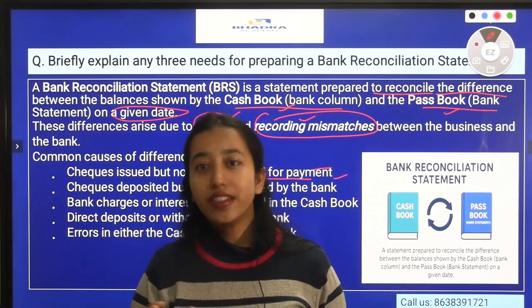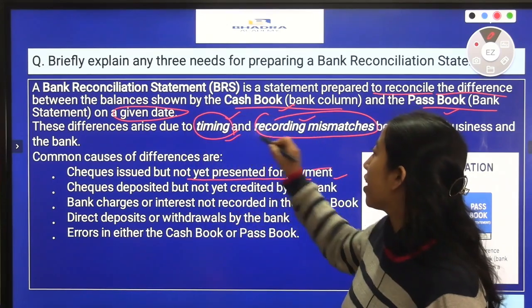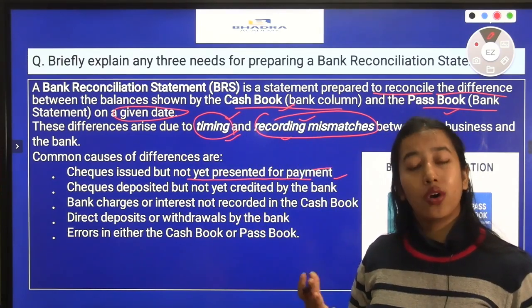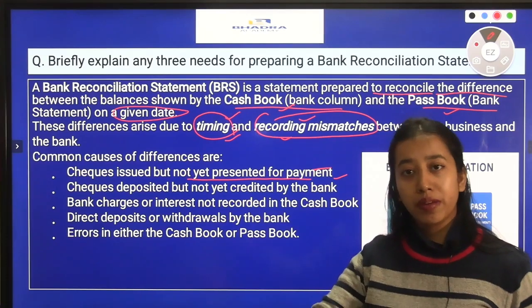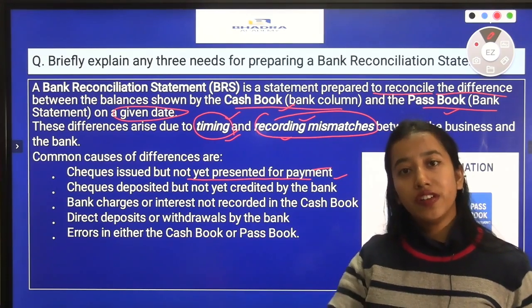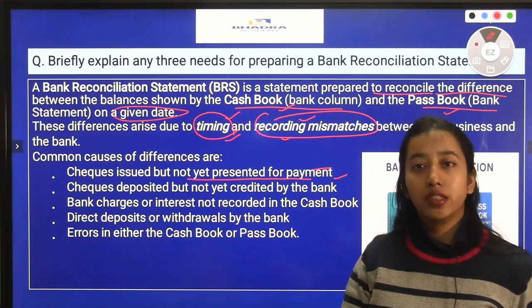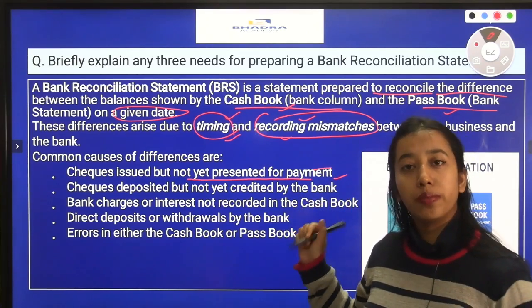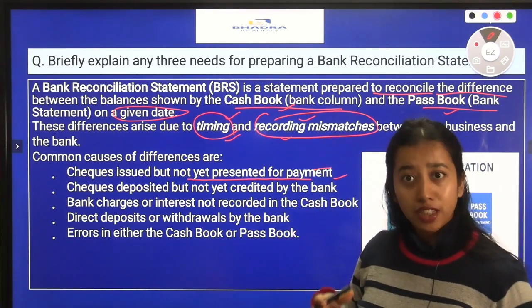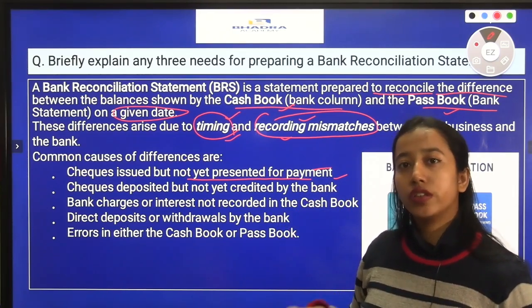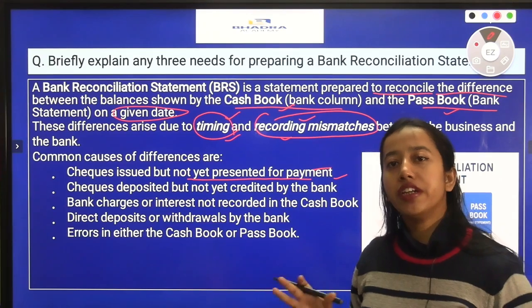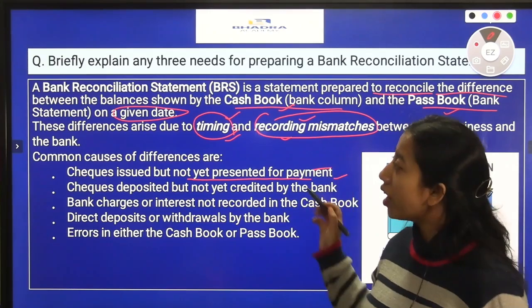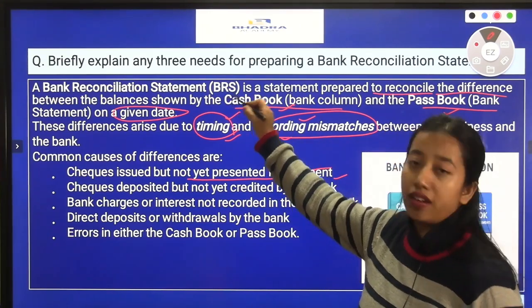So suppose a business on a particular date issues a check for payment; the business immediately records it in their book. But if that check is not presented for payment, the balance in the passbook will not be deducted. So there will be a difference between the passbook and the cash book of the business, and to reconcile that difference, we prepare a BRS.